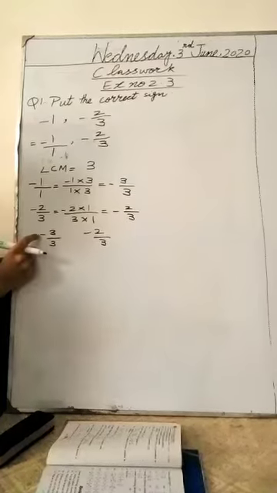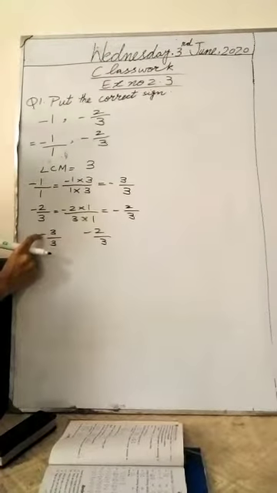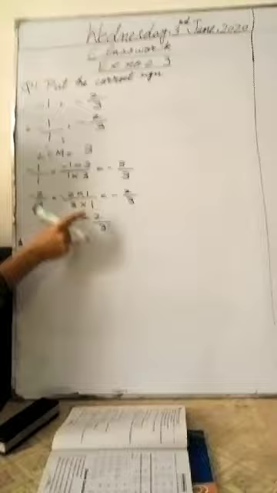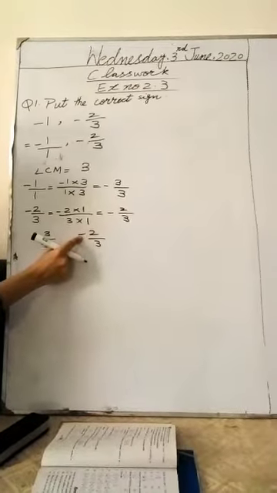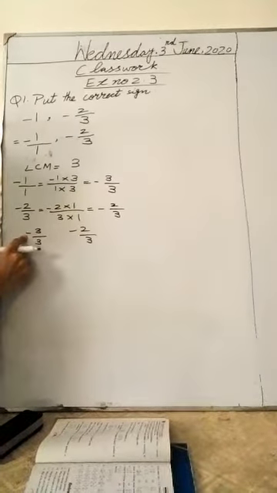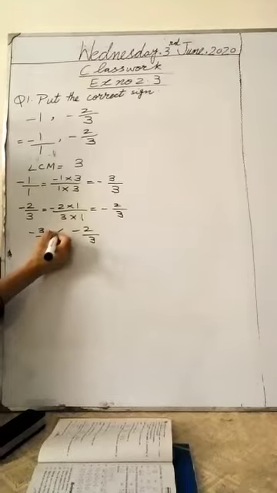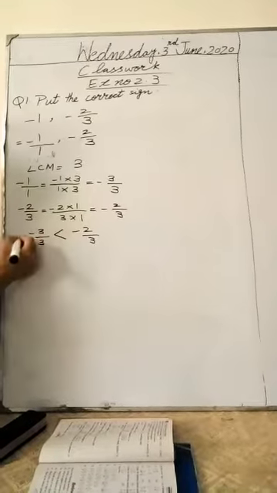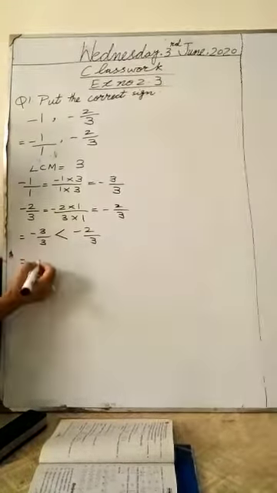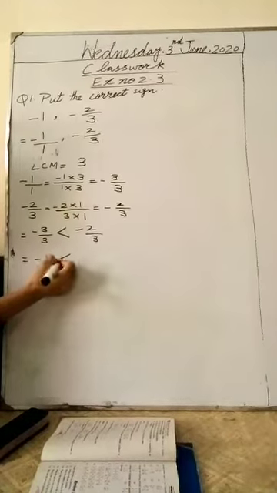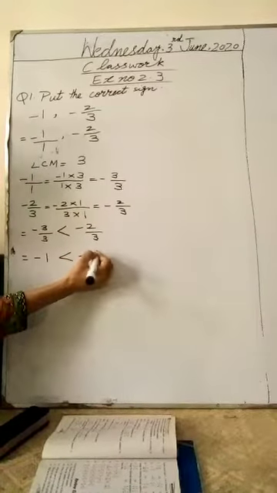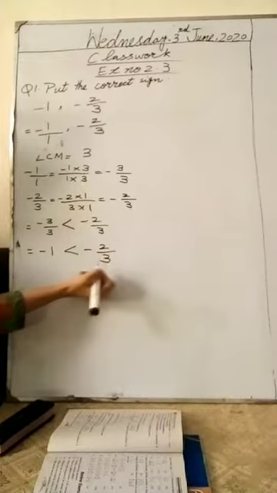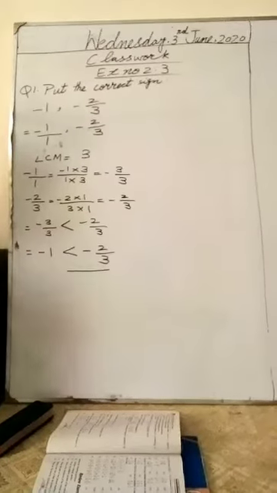Meaning, minus 3 is smaller than minus 2. There is an opposite rule. Minus 3 is smaller than minus 2. Now write down the original values. This is minus 1, same sign, and minus 2 over 3. Draw the ending line.